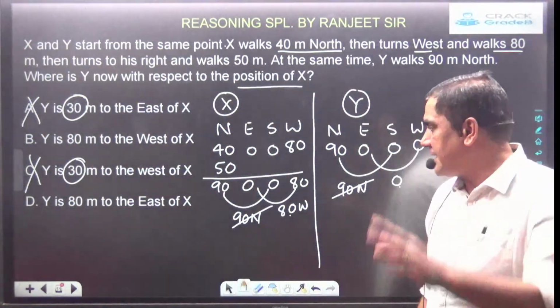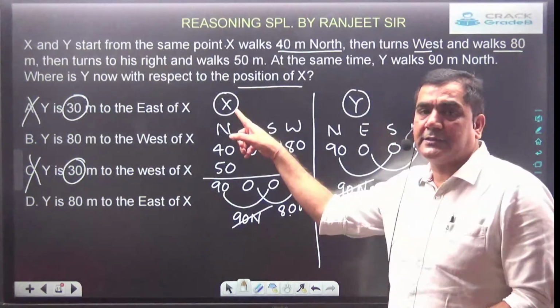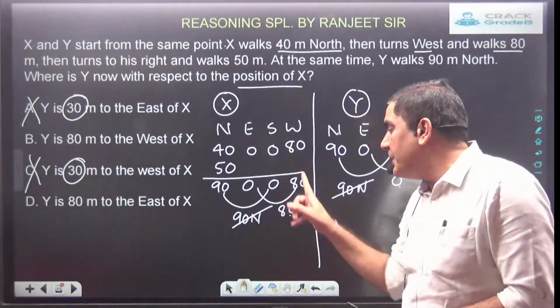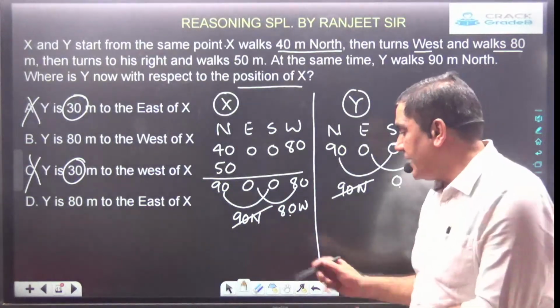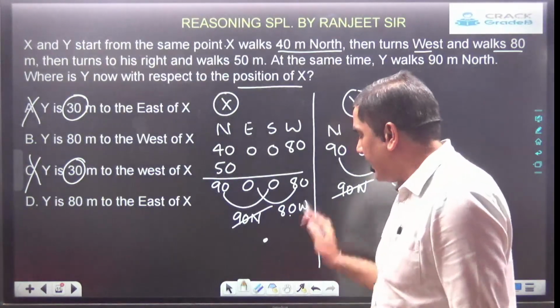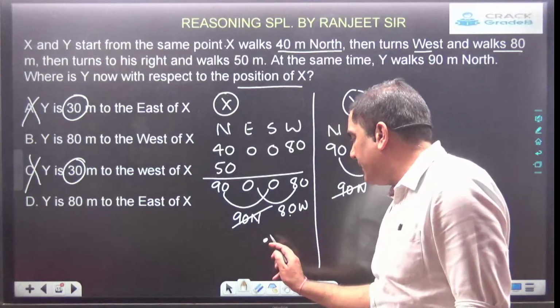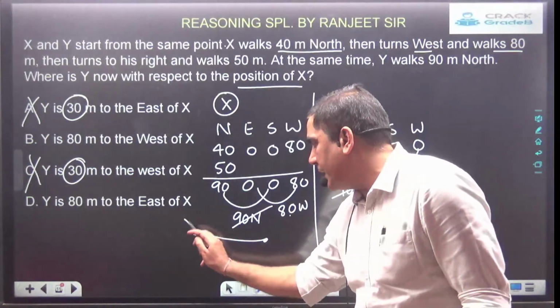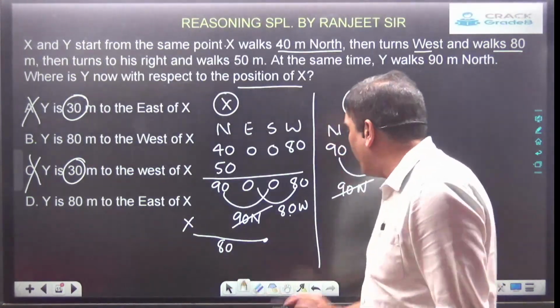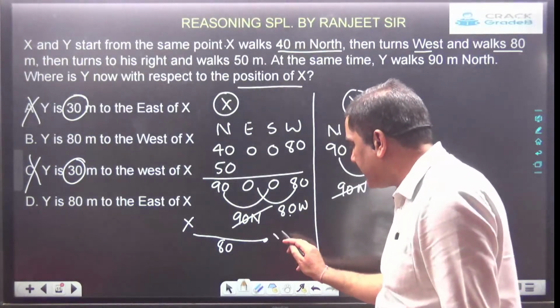Now please understand, here west comes out to be what? X should be in the west direction. If they are starting from the same point, and my ultimate answer is X is 80 meters west, it means X should be over here, 80 meters west. Y is 0. Y will remain at this position only.